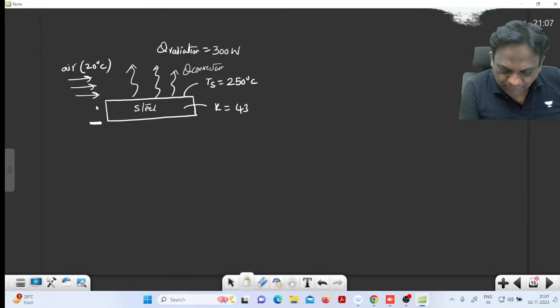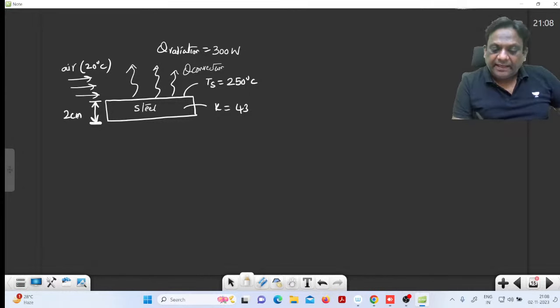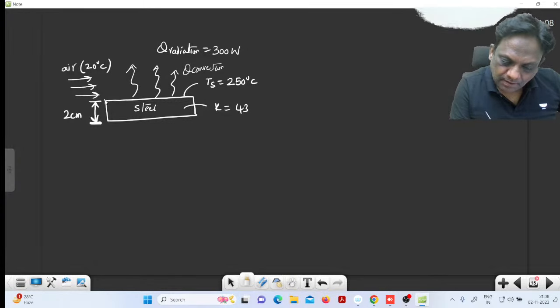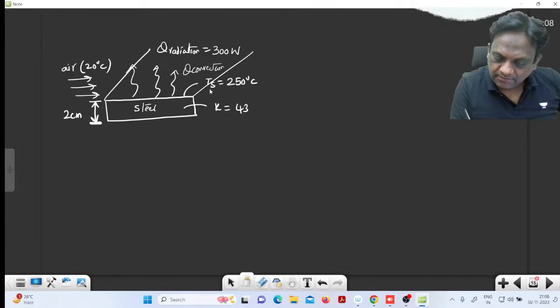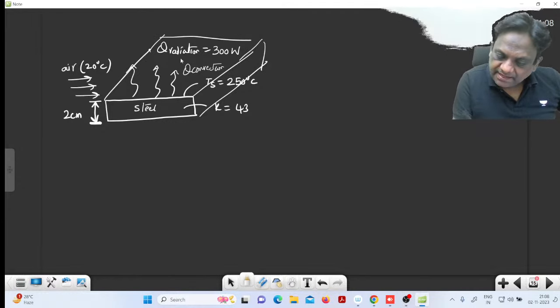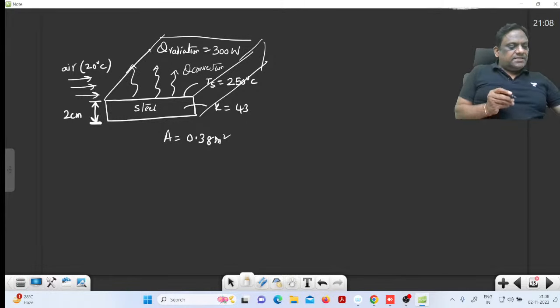The plate thickness is given as 2 centimeter. Okay. And the area, देखो actually plate ऐसा है, इसका जो area है, I will show like this. Okay. This area is given as 0.38 meter square.